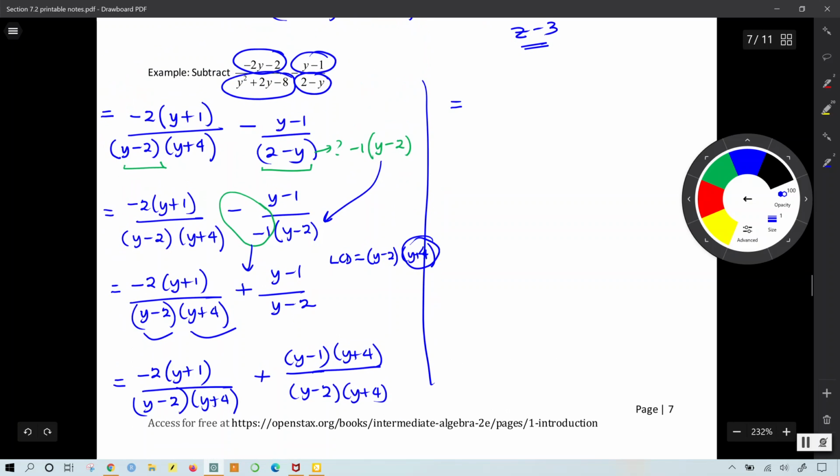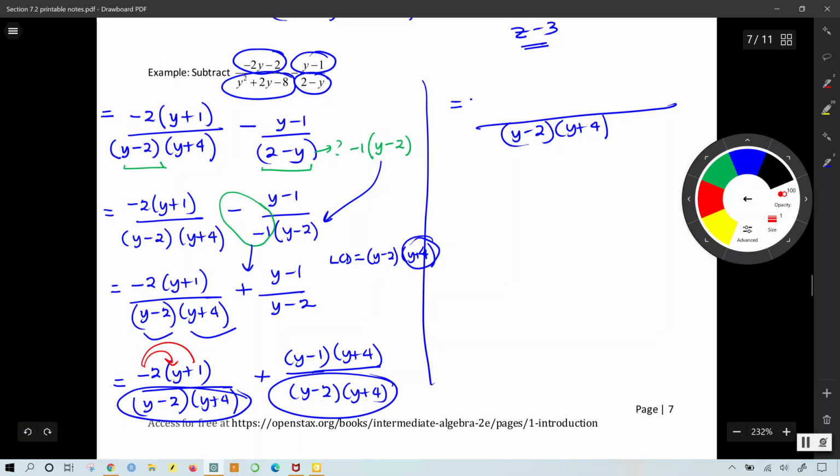We have the fraction where the bottom is the LCD and the top is negative 2 times y and negative 2 times 1. So negative 2 times y is negative 2y. Negative 2 times 1 is negative 2. And then you have positive the product of these two.